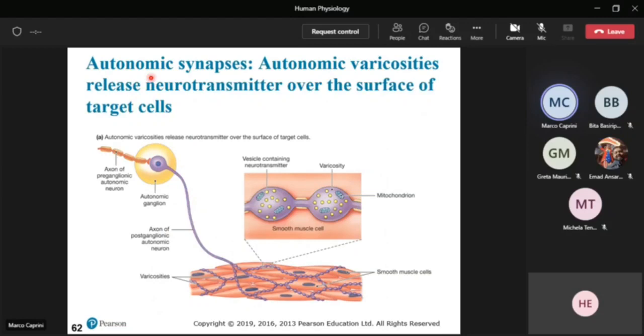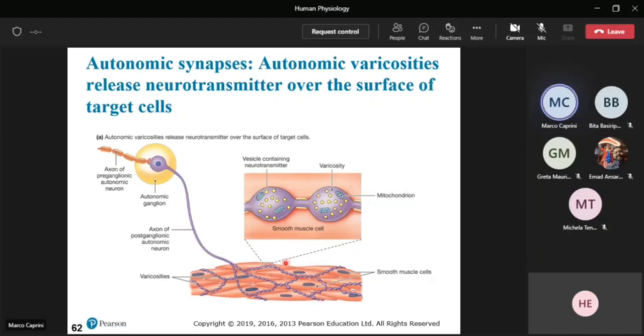Again, the autonomic synapses contain the autonomic postganglionic axon from the autonomic neuron that forms this type of varicosity all around the muscle.